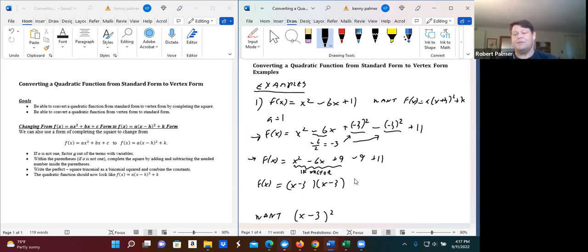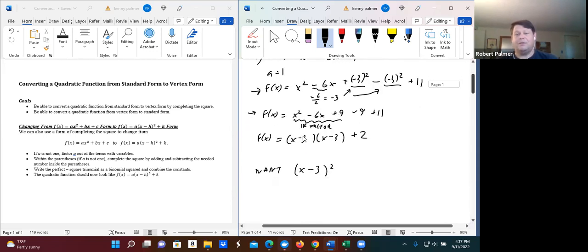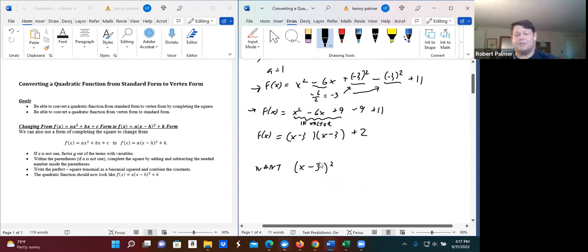And then over here, we still have this negative 9 and 11, which we can now combine into plus 2. And x minus 3 times x minus 3 is x minus 3 squared. And that's going to be plus, now we just have the plus 2.